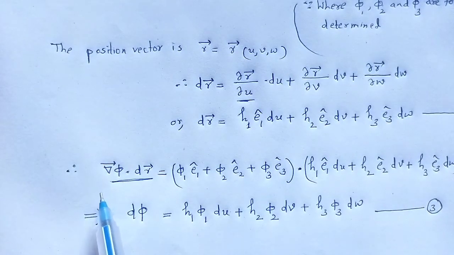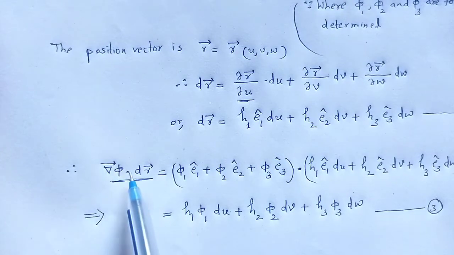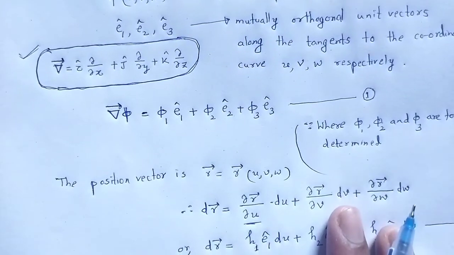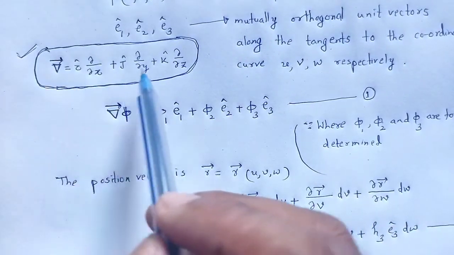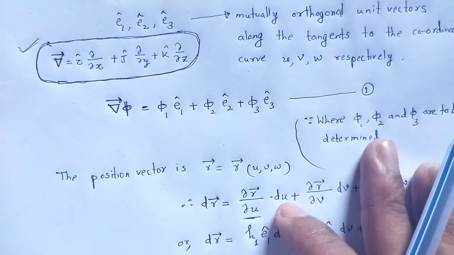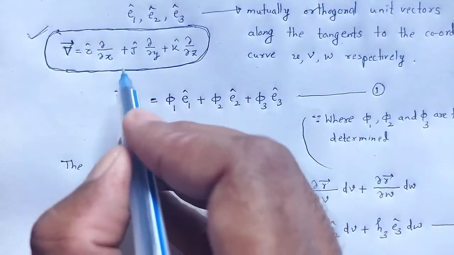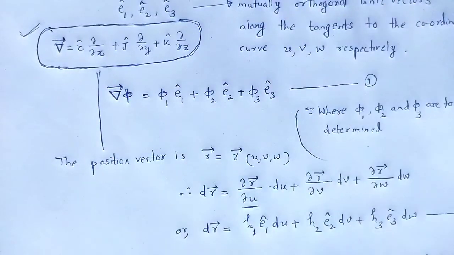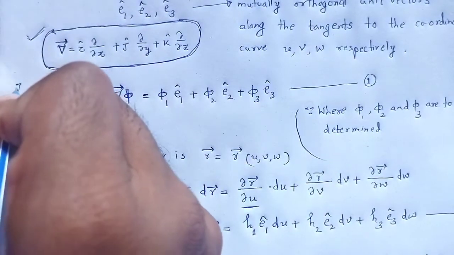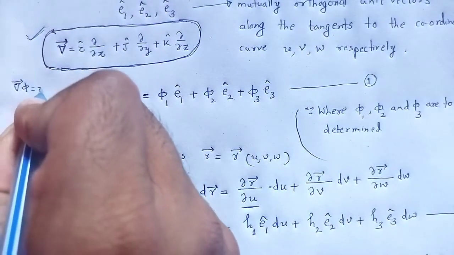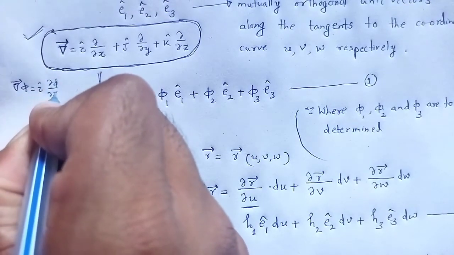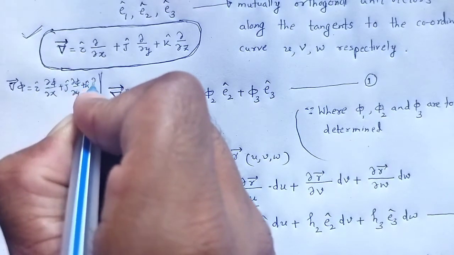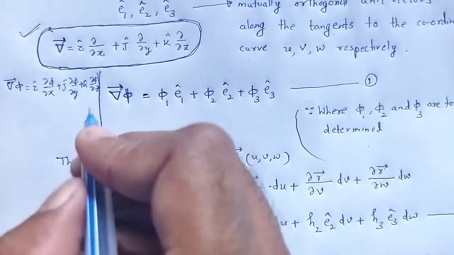How do we get grad phi dot dr is equal to d phi? Let us see. We know the grad operator, and grad of phi will be i cap del phi by del x plus j cap del phi by del y plus k cap del phi by del z.